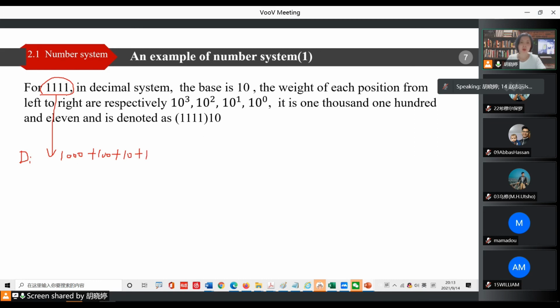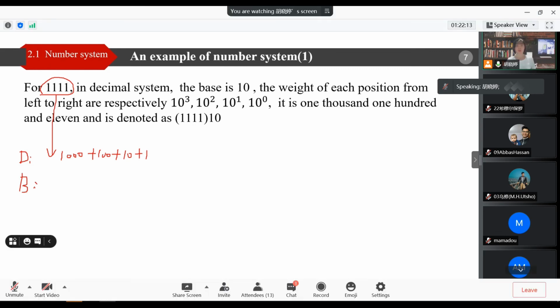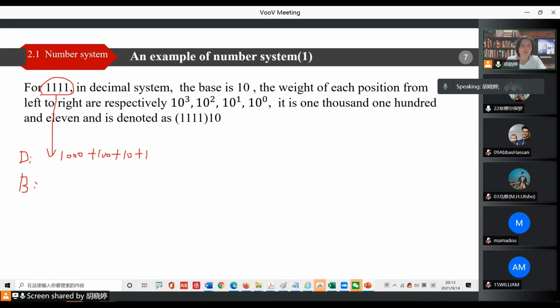But what decimal number will 1111 represent if it is in another system?